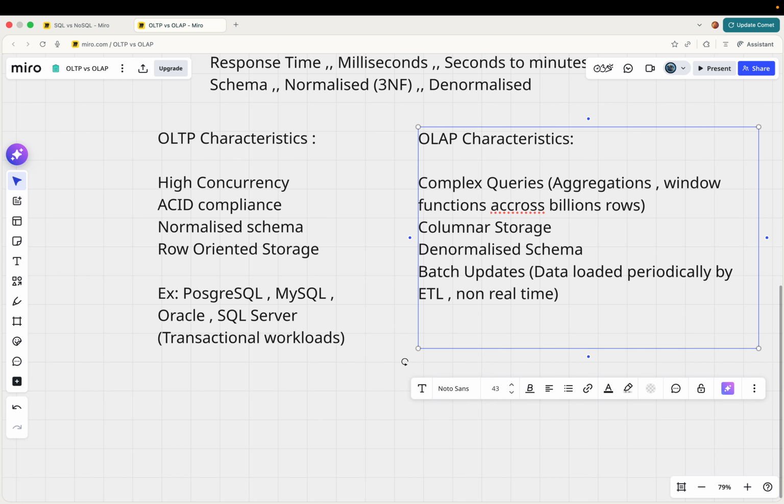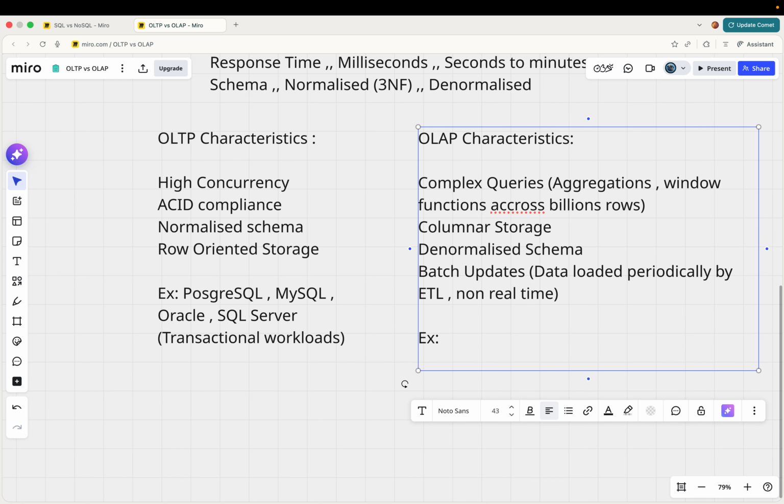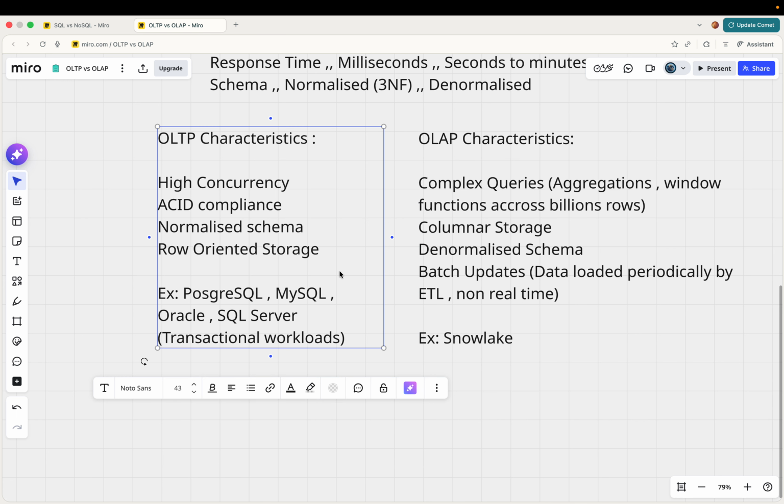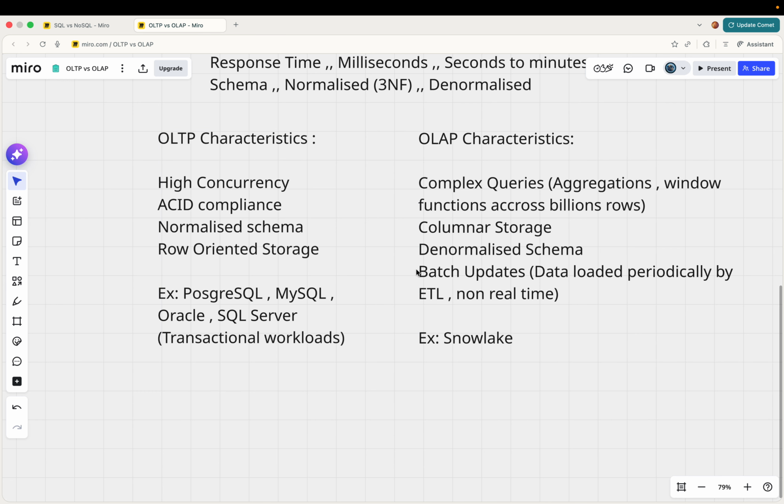And if we see examples here, Snowflake is the best or something in this. Generally, OLTP is given to users, and OLAP is something called warehouses.